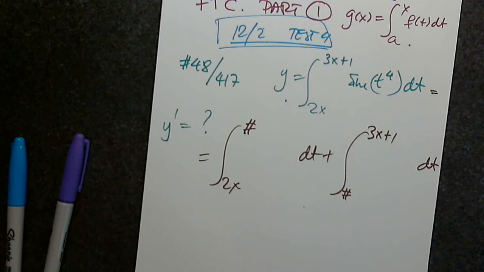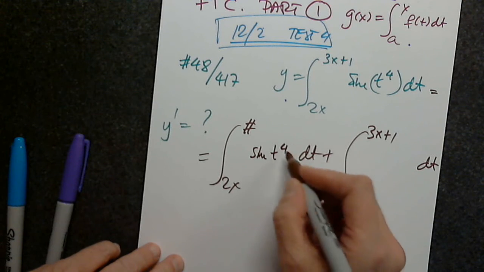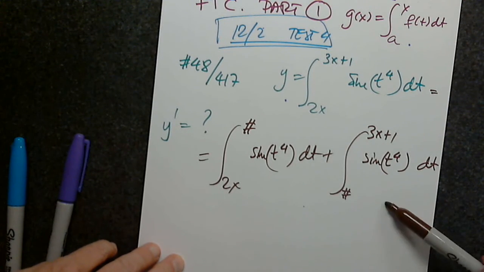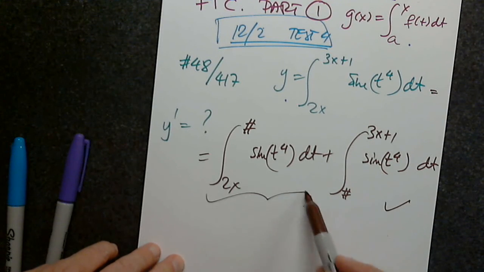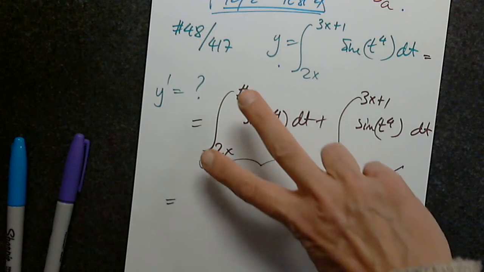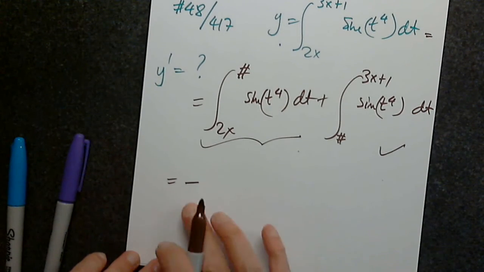So, of course, this must be sine t to the 4th. There is no change there. This is ready for differentiation, but this one is not. There is another property of the definite integral that allows us to swap the limits of integration, but all that happens is it changes its sign.